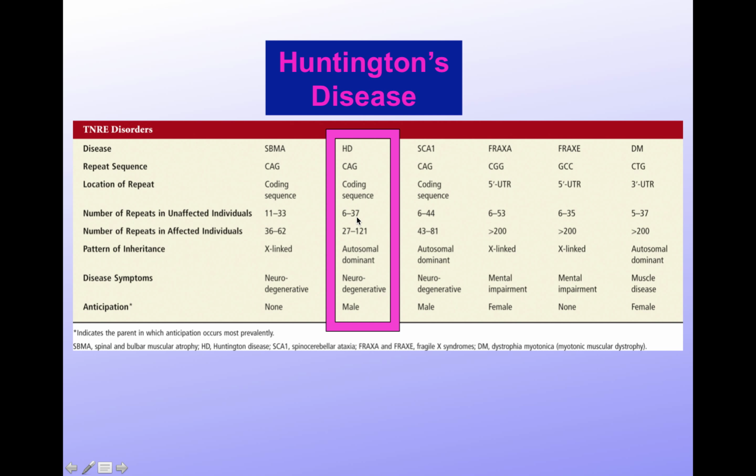If you have up to 37 copies of the CAG repeat in a row, you can be unaffected, but the number of repeats found in affected individuals is between 27 and 121, so it's repeated a lot of times. It is inherited as an autosomal dominant disease. It is neurodegenerative and it shows anticipation, most prevalently in males, usually.